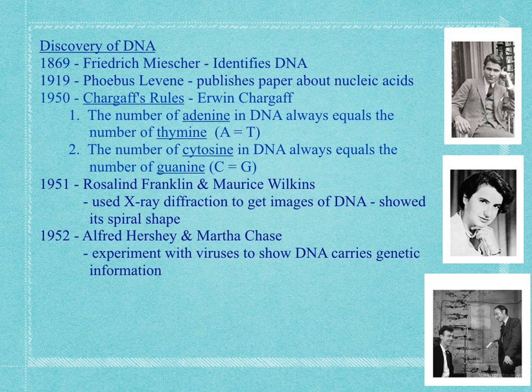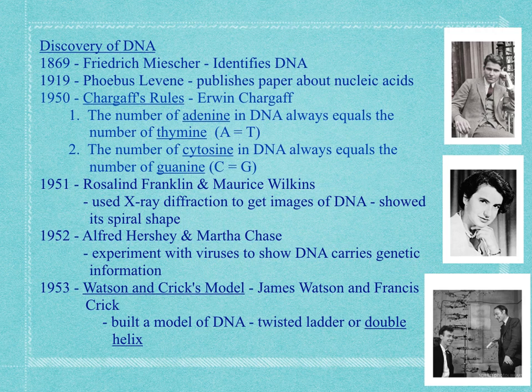So then in 1952, Alfred Hershey and Martha Chase, again another woman who contributed to this, did some experiments with viruses to show that DNA actually carried genetic information. So that's a pretty cool thing too. Then finally in 1953, we have Watson and Crick's model of DNA. So James Watson and Francis Crick finally built a model of DNA.